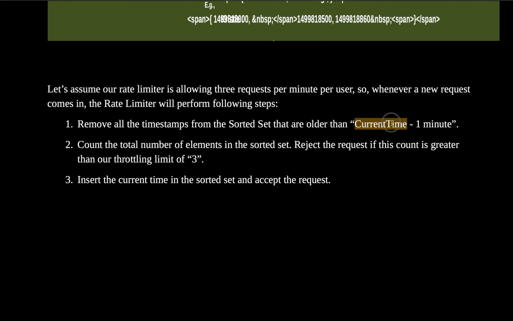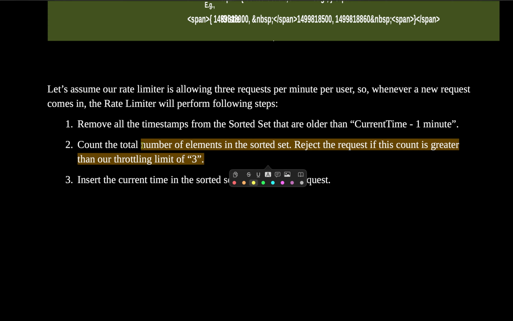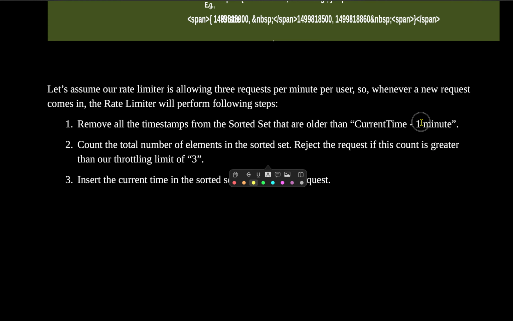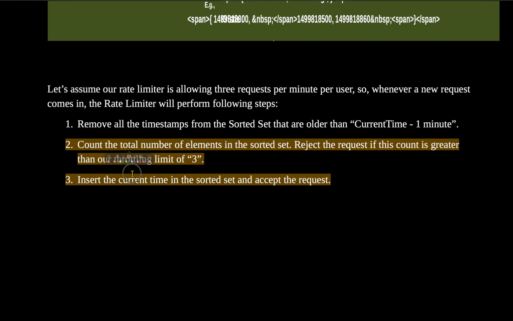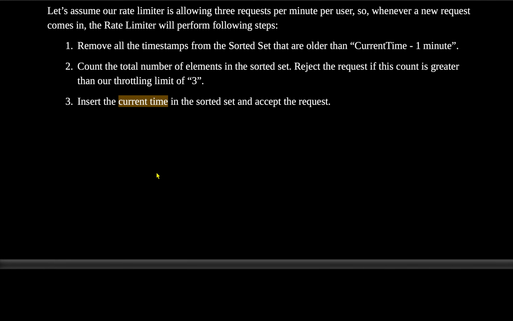If the count is greater than 3, that means previous to me within the timeline I have seen 3 requests within the 1 minute frame, so I'll reject it. Else I will accept it and insert the current timestamp, so my timeline has one more entry of current time.